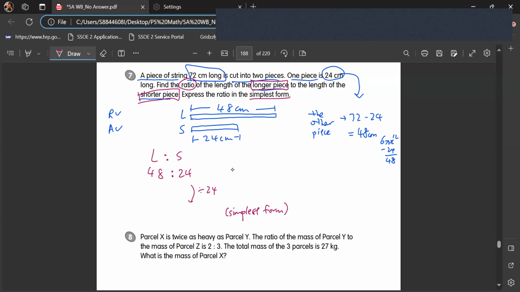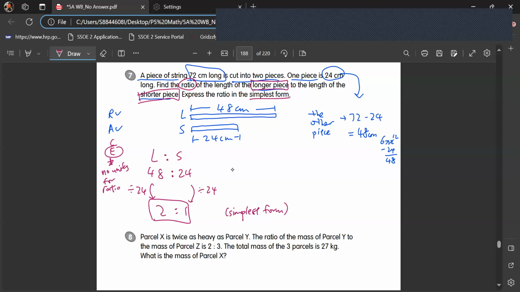So a reminder again, when it comes to ratio, you do not put units in it. So the answer is just 2:1, correct? So remember, no units for ratio. No units for ratio. Because ratio shows relationship.